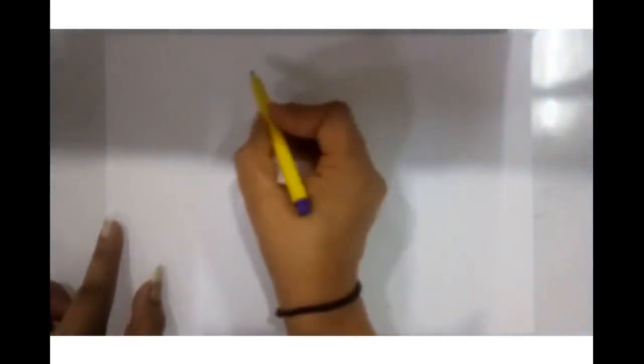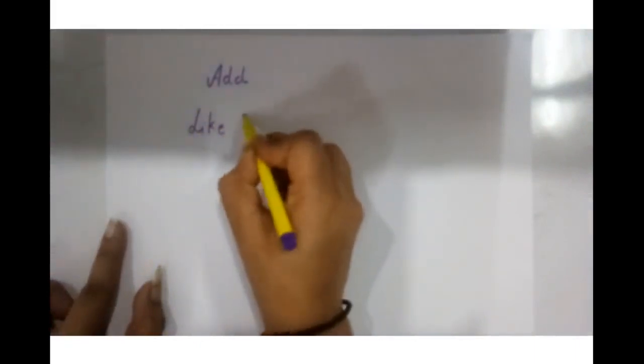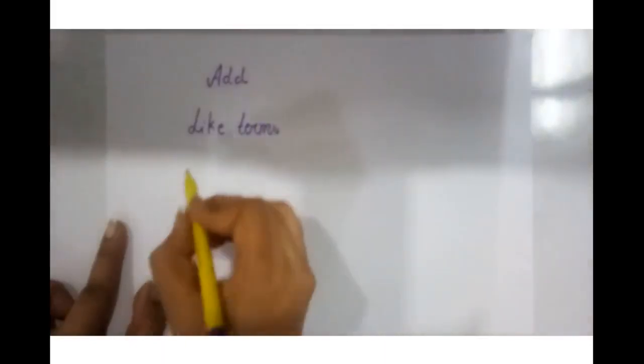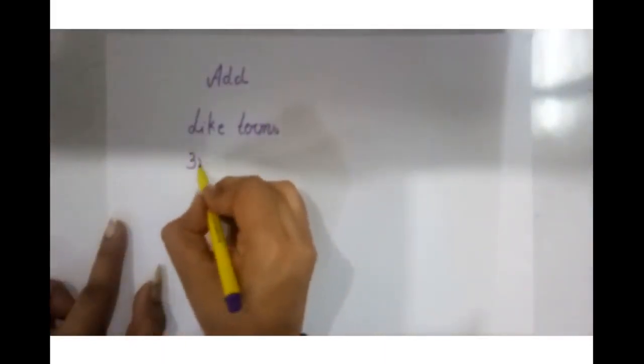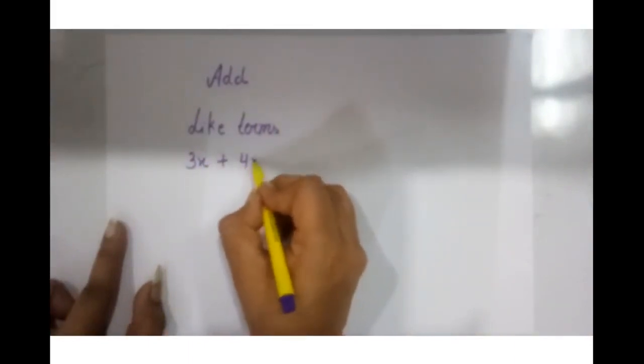Now, what is the difference between addition, subtraction and product? For addition of algebraic expressions, we need to add or subtract only like terms. That means 3x must be added to the terms which have the same variable.